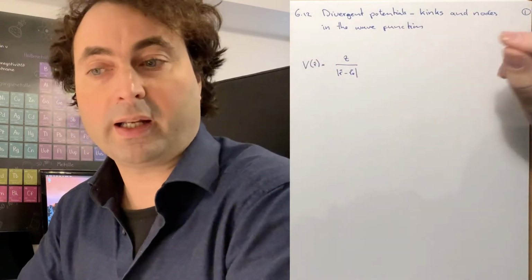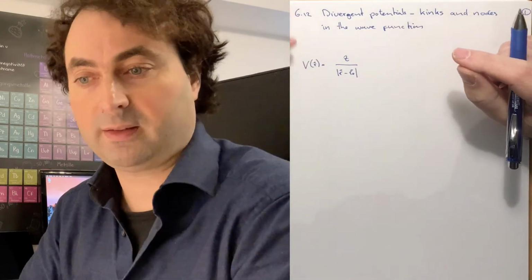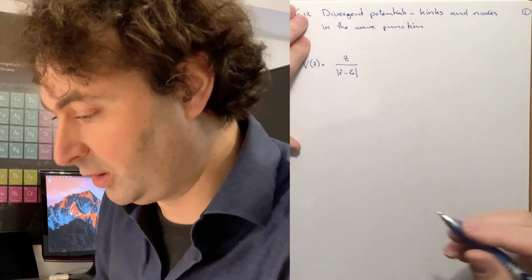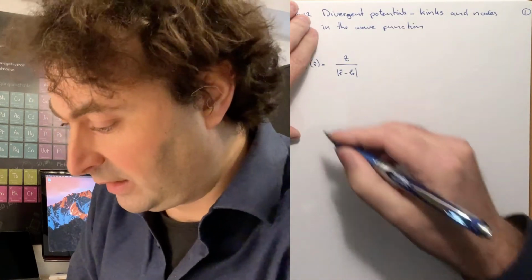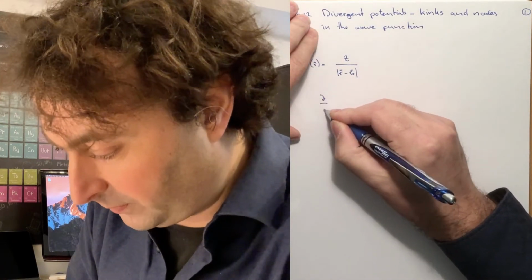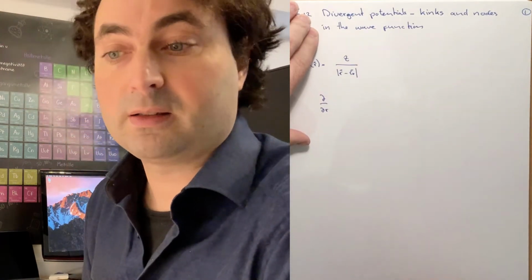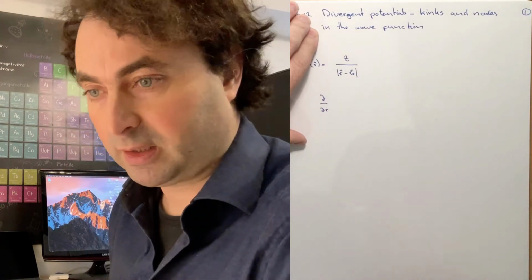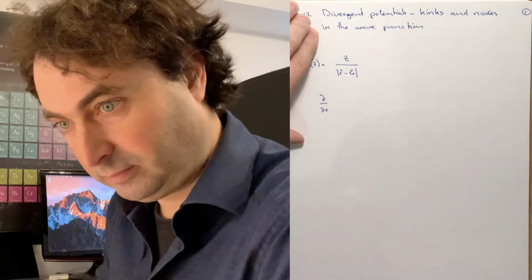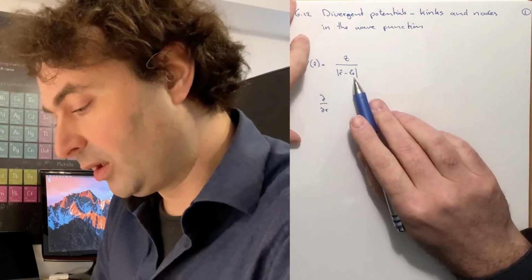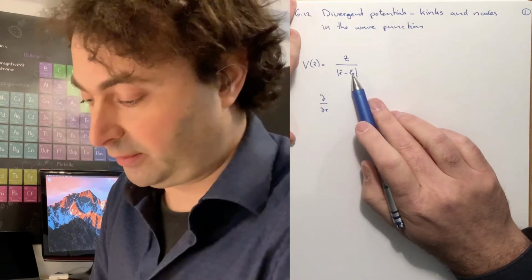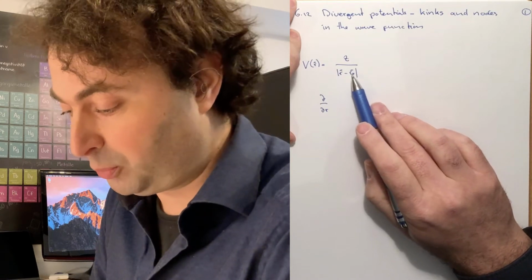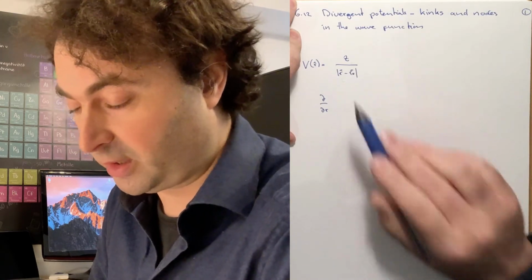And as your energy and potential are finite, that means your wave function has to be continuous and its derivative has to be continuous. And it's the continuity of the derivative that we will use. Instead of looking at a divergent potential at some point, we can look at the divergence at the point 0.